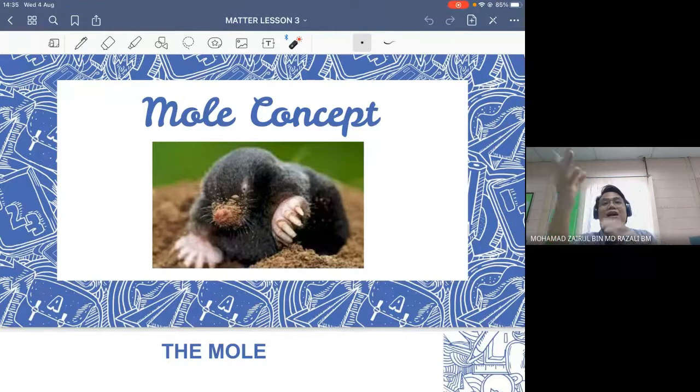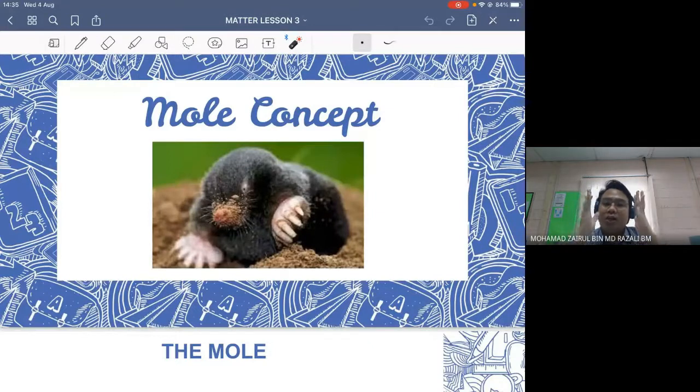So maknanya kalau awak nak sebut number tu dalam our in daily life, dia besar lah. So that's why kita ringkaskan dia, kita menggunakan mole. Mole ni is we call it as a counting unit ataupun kita panggil dia sebagai amount of substance. So kalau dalam chemistry, kalau dia cakap pasal amount of substance, kita akan gunakan mole.